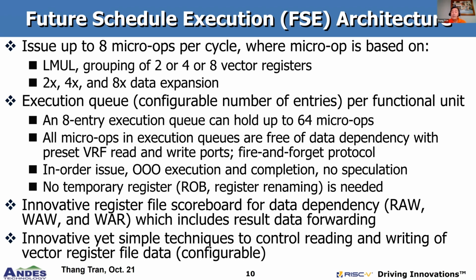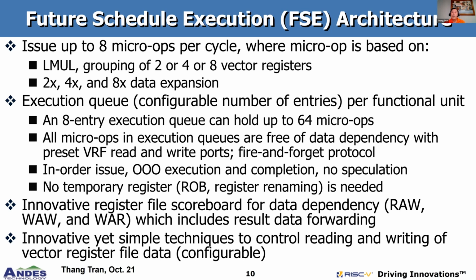Part of the innovation is the future scheduling of the read and write ports of the register file, so that when the instruction completes execution, the data can be written back to the register file directly. No temporary register like reorder buffers or register renaming is needed. The temporary register is actually very expensive because VLEN is 512 bits.